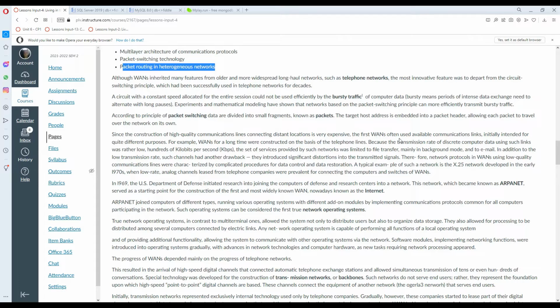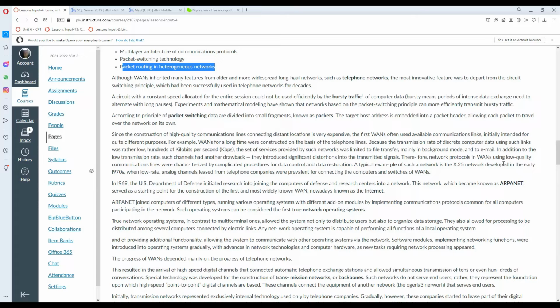Because the transmission rate of discrete computer data using such links is rather low, hundreds of kilobits per second or kbps, the set of services provided by such networks was limited to file transfer, mainly in background mode, and to email. In addition to the low transmission rate, such channels had another drawback: they introduced significant distortions into the transmitted signal.